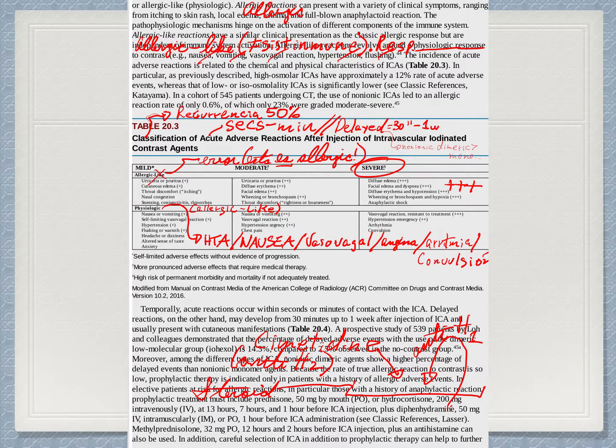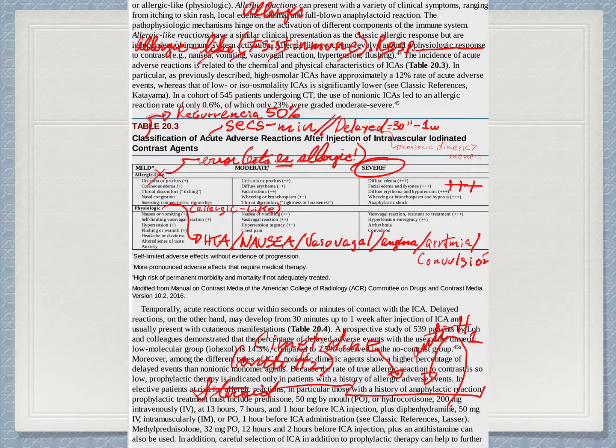Why did I cross out the "like" in "allergic-like"? Because that is not allergic-like. That is called allergic reaction. While physiologic adverse reactions are also known as allergic-like. Why is this? Because they seem allergic, but they are not hypersensitivity mediated.